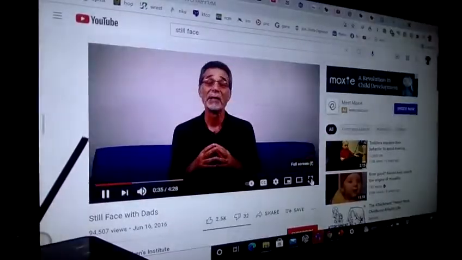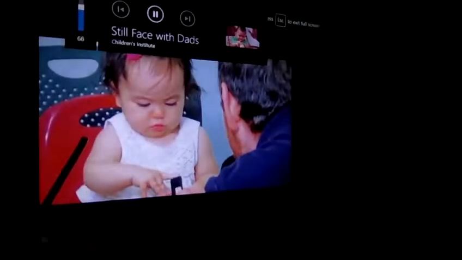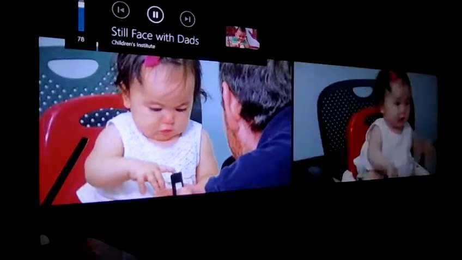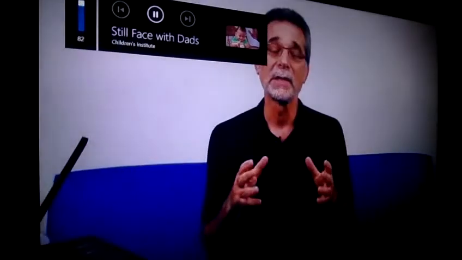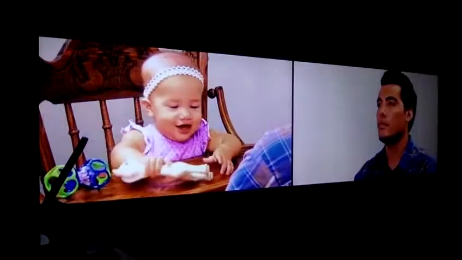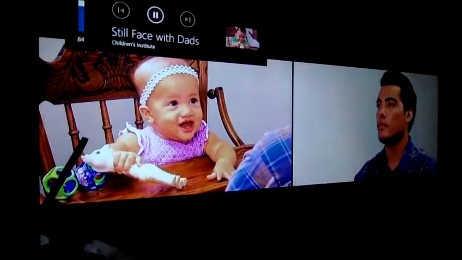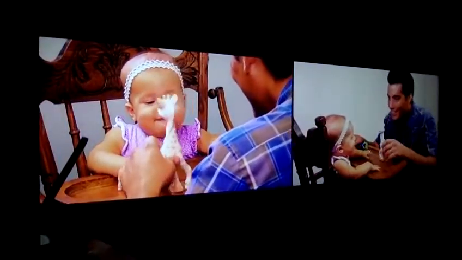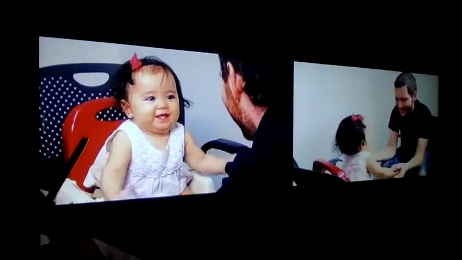What we've learned over the years is that babies are much more capable than we initially imagined, but they're also much more vulnerable. And in Tronick's still-face experiment, we get to see both in a very short period. We see the baby and the dad playing together and their routines, there are things that they know about each other, things that they do together, and it's fun. Then we ask the dad to turn away, and when he turns back, to keep his face completely still and not respond to the baby.